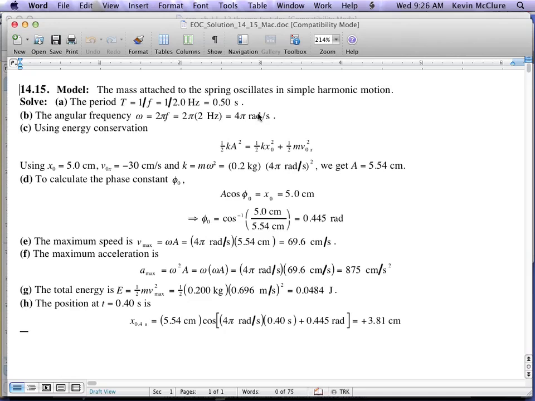So because we're told that, we know that the definition of omega is 2 pi over the period, 2 pi over T. Well, 2 pi over T is like 2 pi f. See, that's where this comes from. 2 pi f is omega. So that 4 pi radians just comes from that. Okay, everybody cool with maximum speed, E?